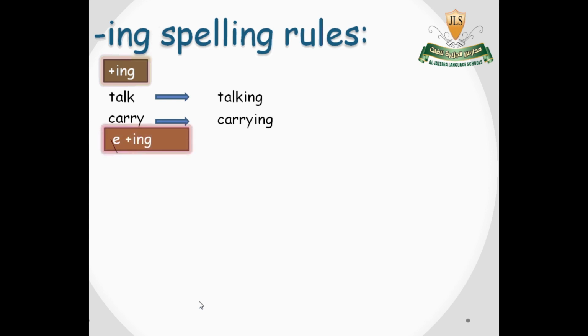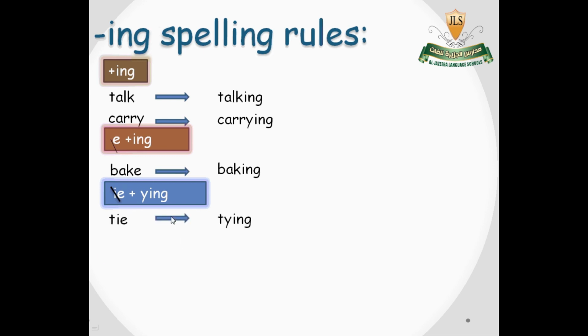What about if I have e in the verb? I will cancel e if it comes at the end of the verb, like bake, baking. If I have ie at the end of the verb, I will cancel ie and just put y, like tie, tying.